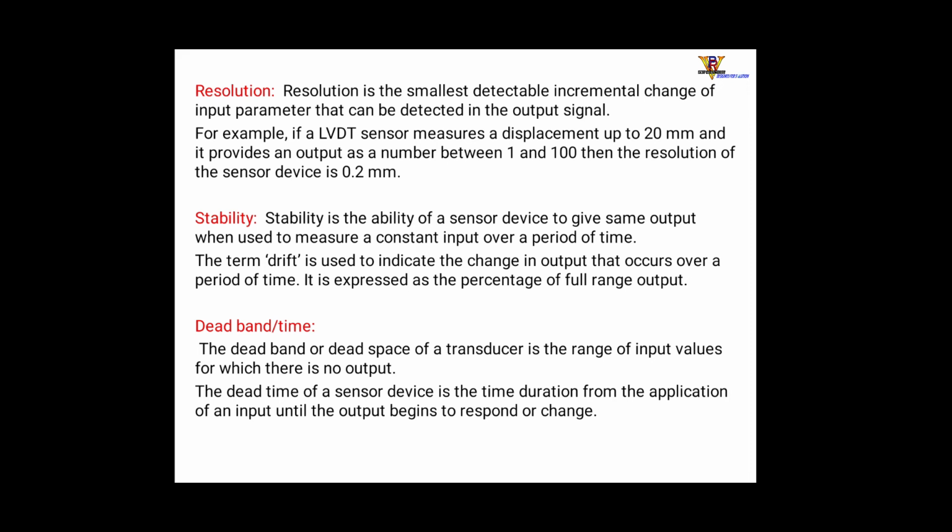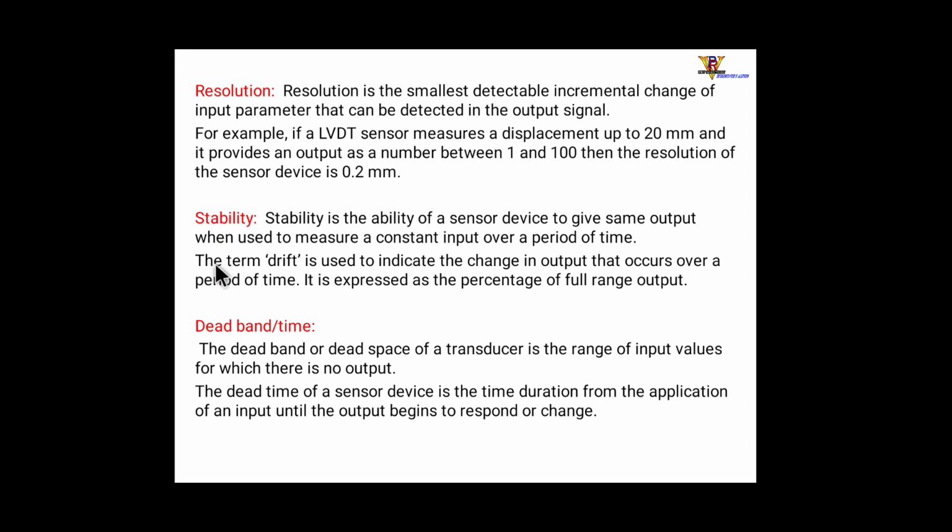Suppose our sensor is measuring temperature at day 1, and then we measure the temperature again at day 7. If the temperature of the room is constant, it should give the same output. So this is the stability of a sensor.